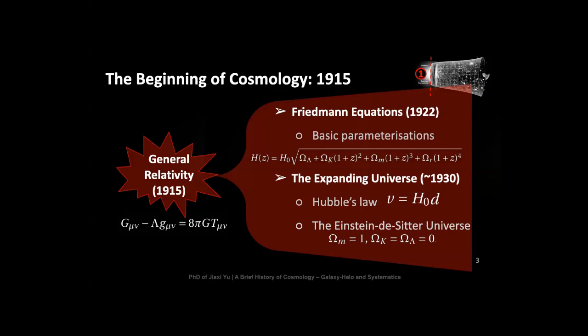Essentially, it's where you put the mass and energy in the universe. So basically, the geometry of the universe reacts to the content of the universe. And that's basically the theory of general relativity.